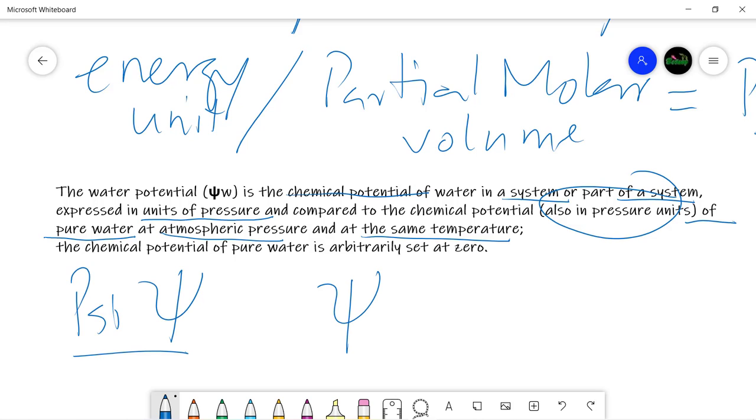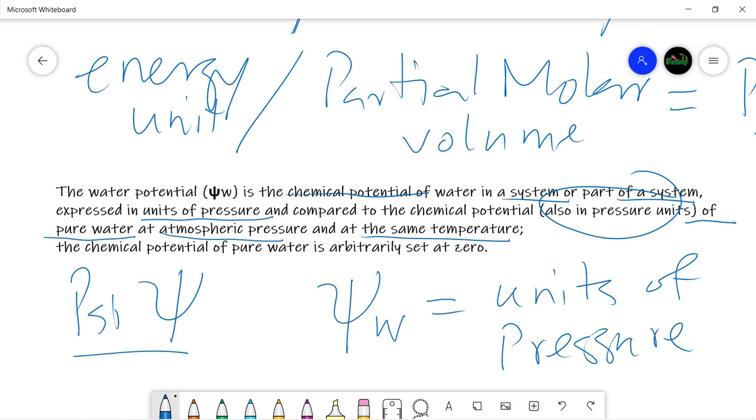So it is psi w for water potential, and it is usually expressed in units of pressure, as we have just seen above. And then it is compared to the chemical potential of pure water, which is also expressed in units of pressure. So water potential is basically a relative term when we compare water potential of a system or part of a system to water potential of pure water.